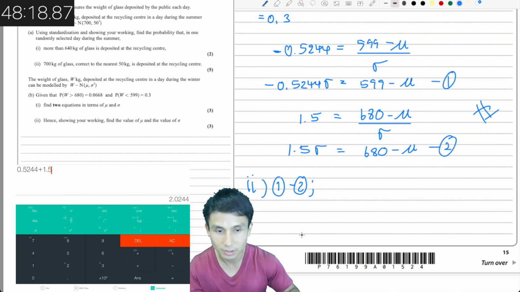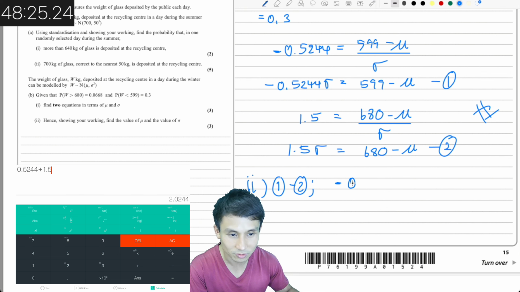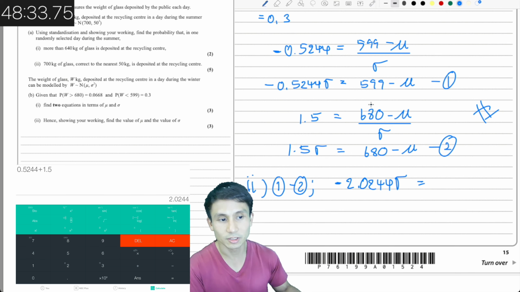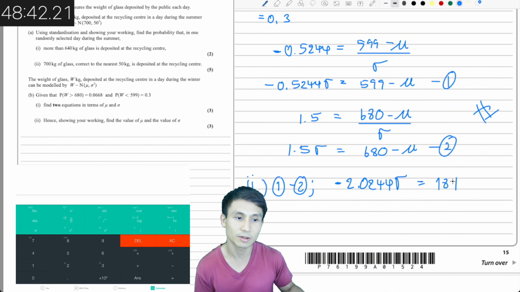So if you subtract this by this, you get minus 2.0244 sigma equals, subtracting 680 from that, we get 81.